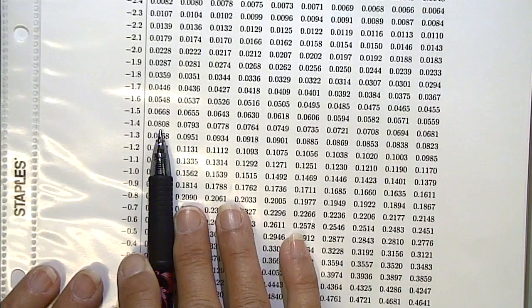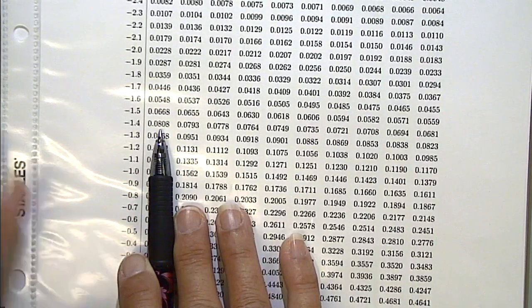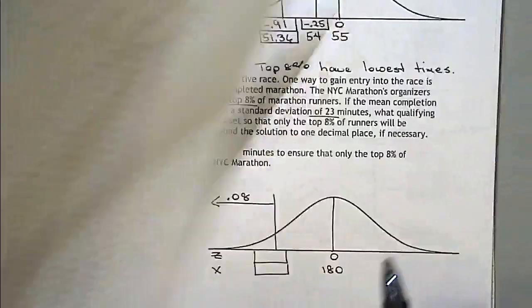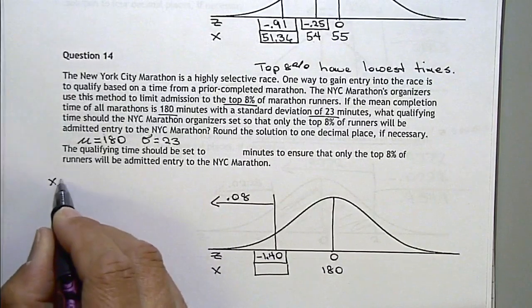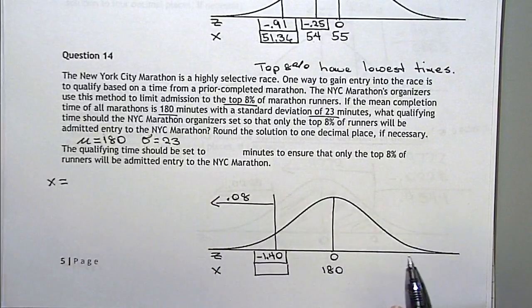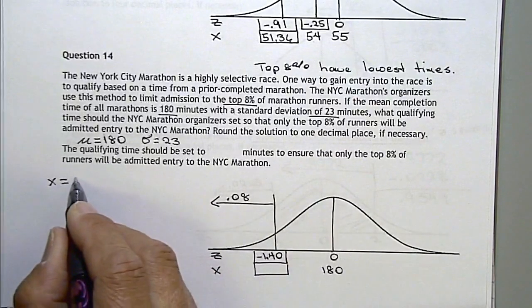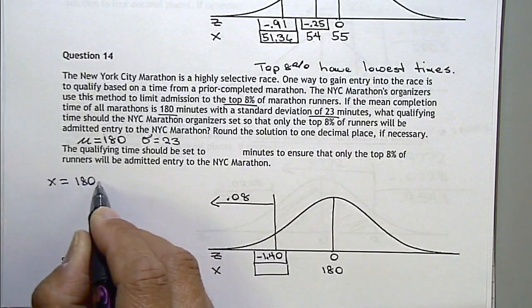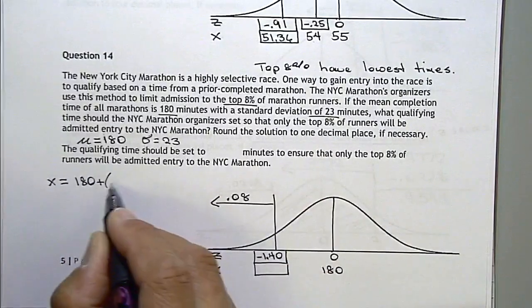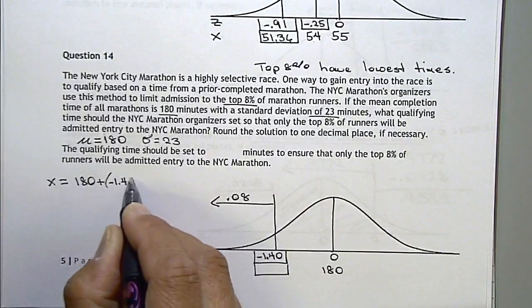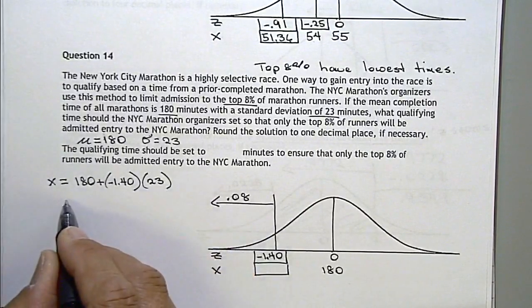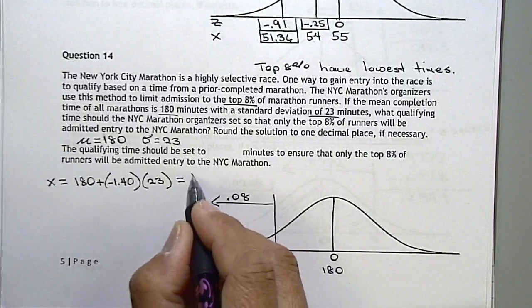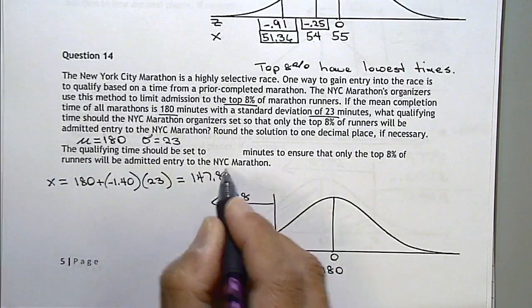So I'll say 1.40, negative 1.40. Now I can calculate that x value. I take the mean, and I add that negative Z-score times the standard deviation, and I come up with 147.8.